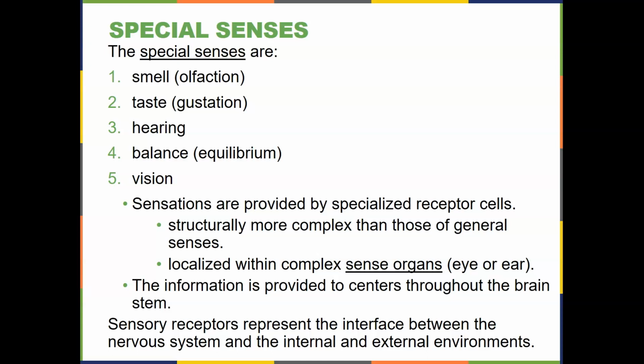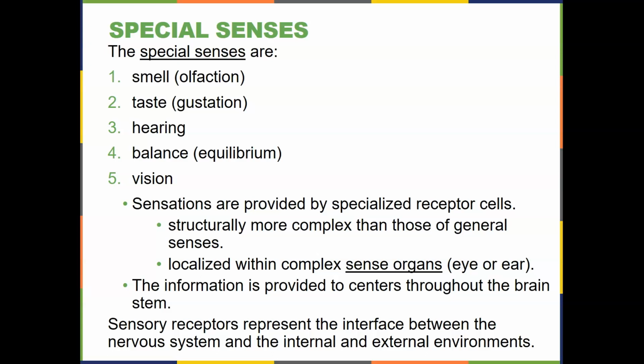The information from these organs goes to different parts of the brain. Some of them go through the spinal cord and brainstem. Some go directly into the brain, especially vision and auditory. Both of these senses give us an idea about what's happening in the environment, in terms of maybe predators or prey.